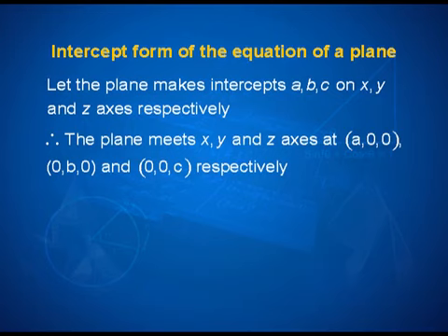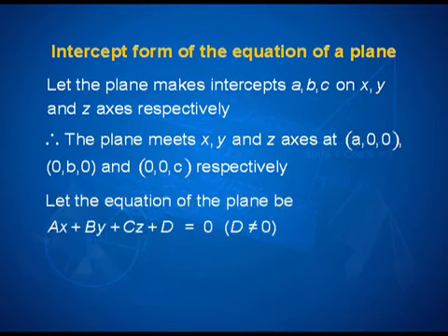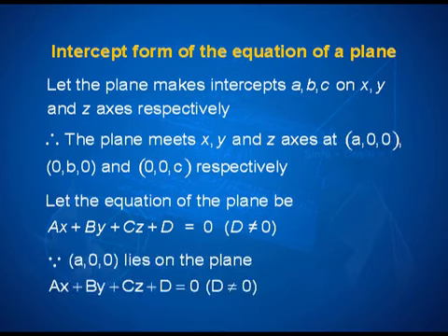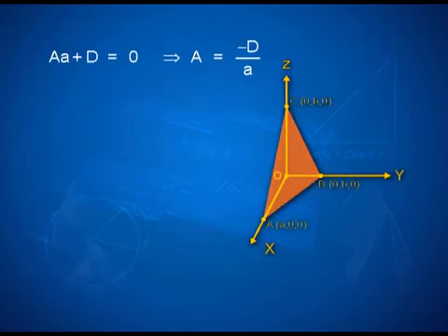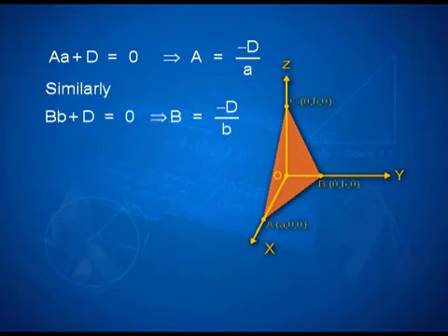But just to get that special form, if I take Cartesian equation of plane as Ax plus By plus Cz plus D equal to 0, then I know that (a, 0, 0) lies on this plane. So, if I replace x, y, z with these coordinates, I get a condition which tells me that capital A is equal to negative d upon small a.